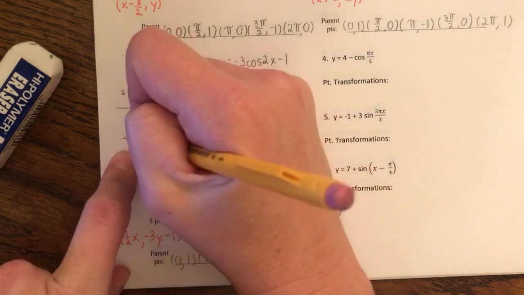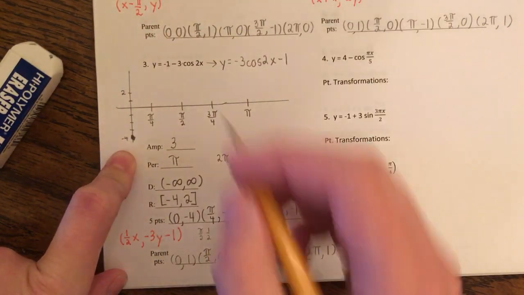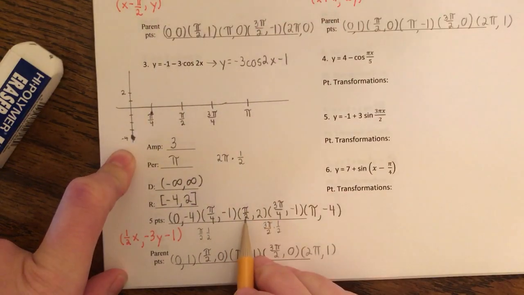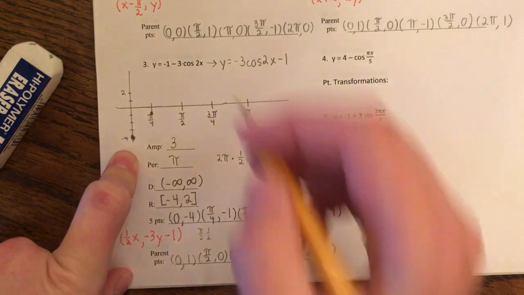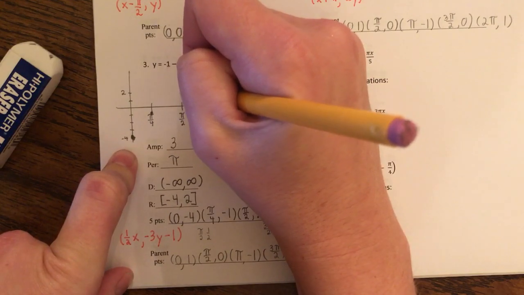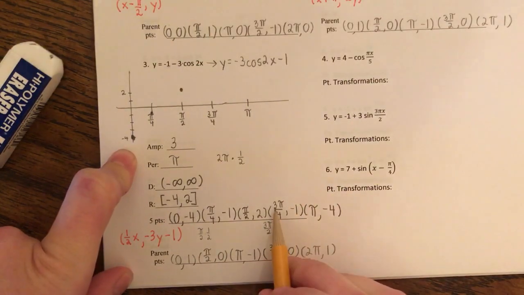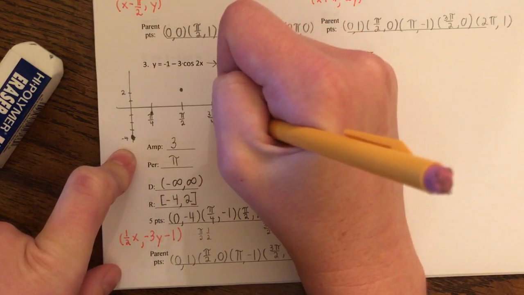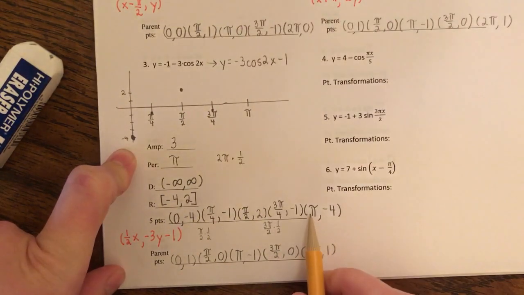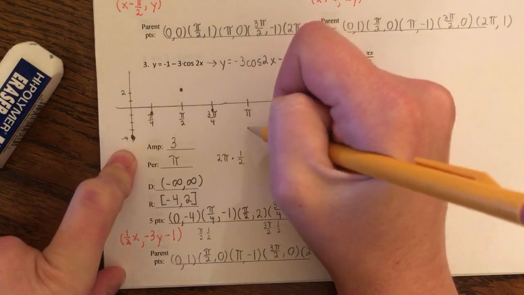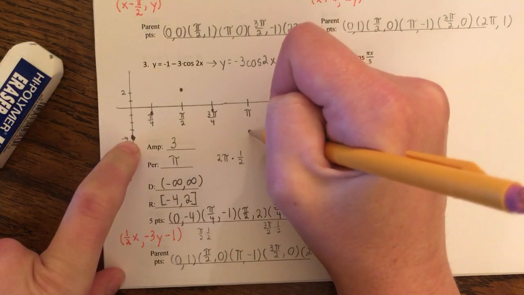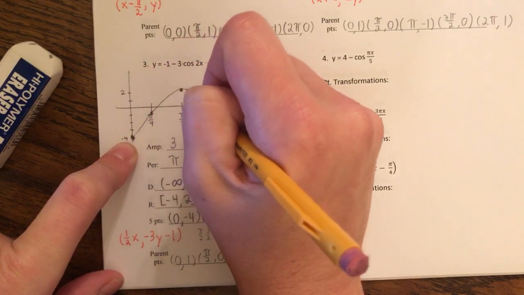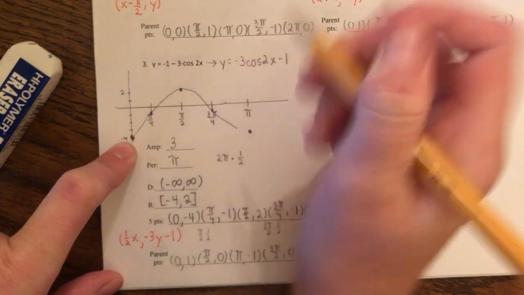So 0, -4, pi over 4, -1, pi over 2, 2, 3 pi over 4, -1, and then pi, -4.